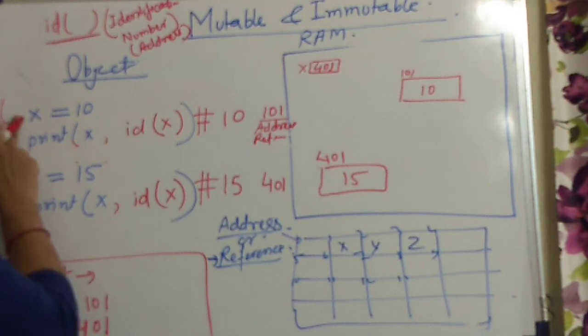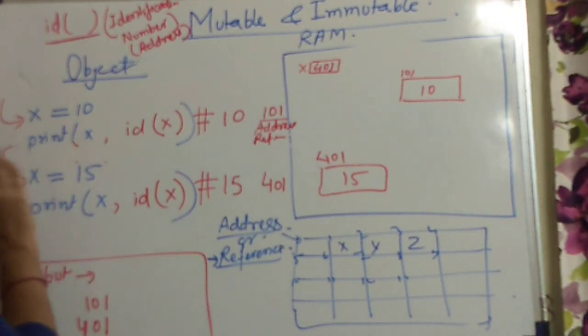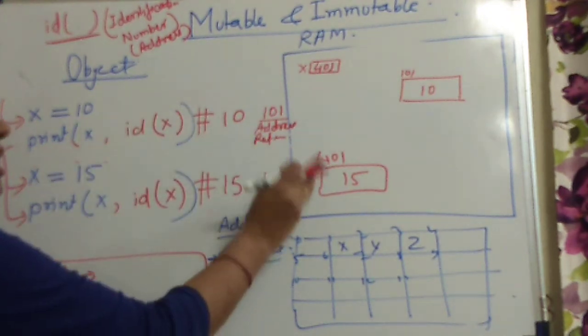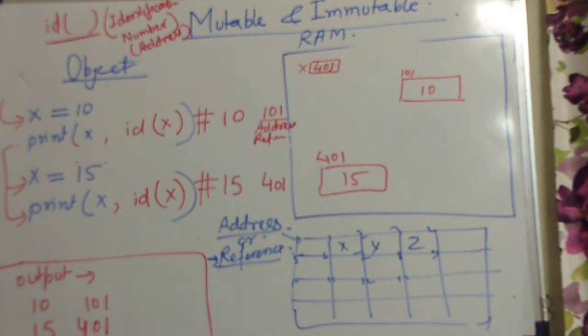So here what is happening? The x value is not being changed. Whenever you assign a value to x, that value is stored somewhere else in memory, and the reference to that location is stored in the variable. This is always happening when you write the program, though you are not able to see it in the memory.